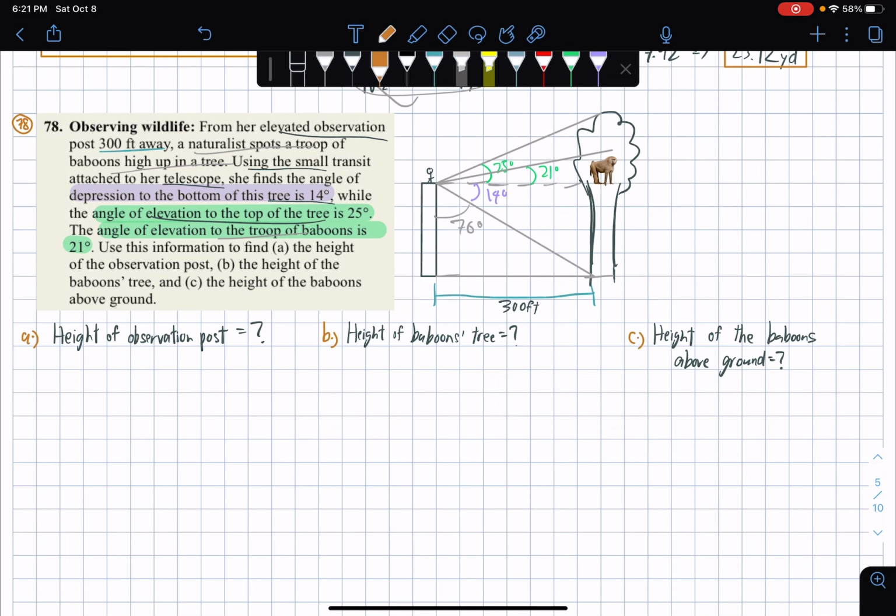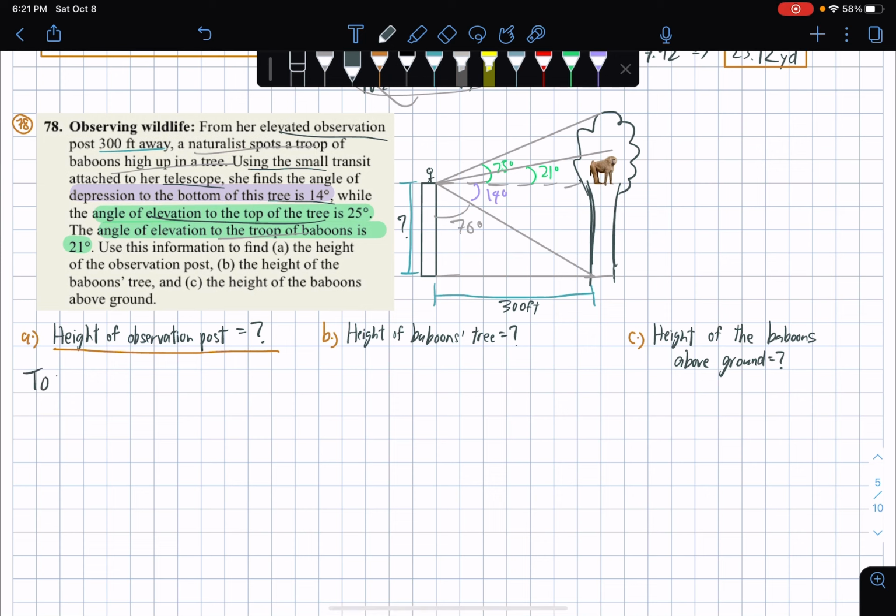Right. Let's proceed to solving for what's being tasked to find in letter A. What is the height of the observation post? So this is obviously what's missing. Earlier, this is what I drew that would represent the elevated observation post. So given we have 76 degrees and an opposite angle, based on this angle's perspective, what we're looking for is the adjacent side.